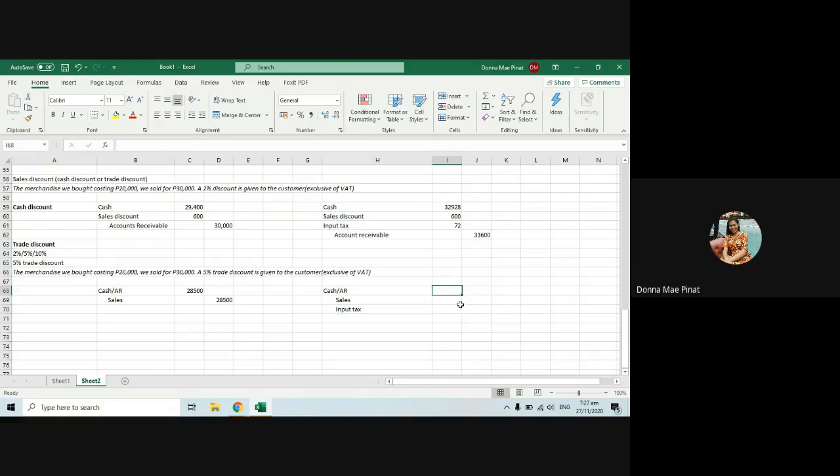So cash sales is 30,000 times 0.95. Your input tax is this one times 0.12. That's 3,420. So your cash received is 25,080.